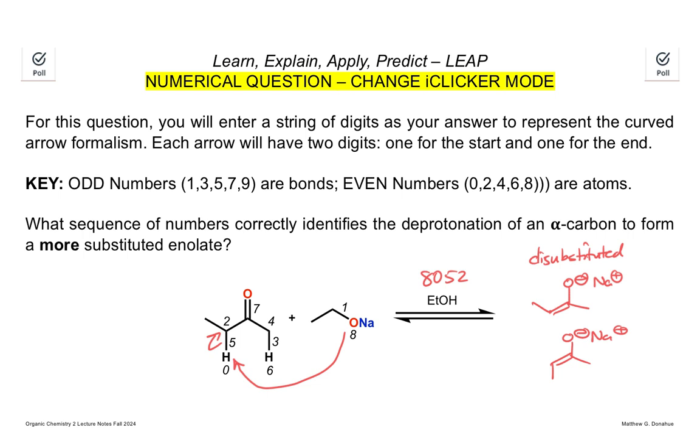And then we're going to use that information to talk about thermodynamic versus kinetic enolates. So thermodynamics deals with stability, kinetics deals with rate.